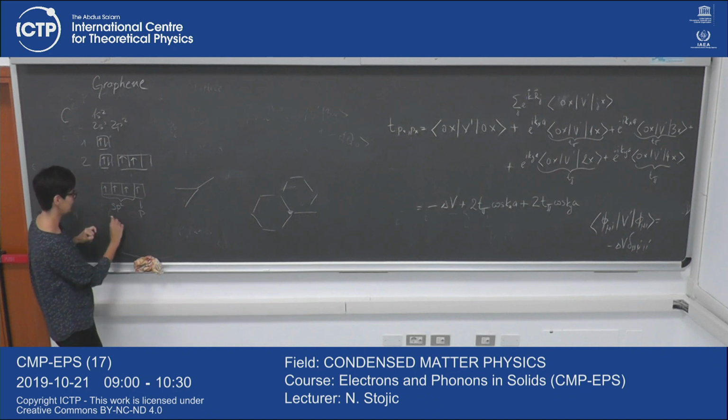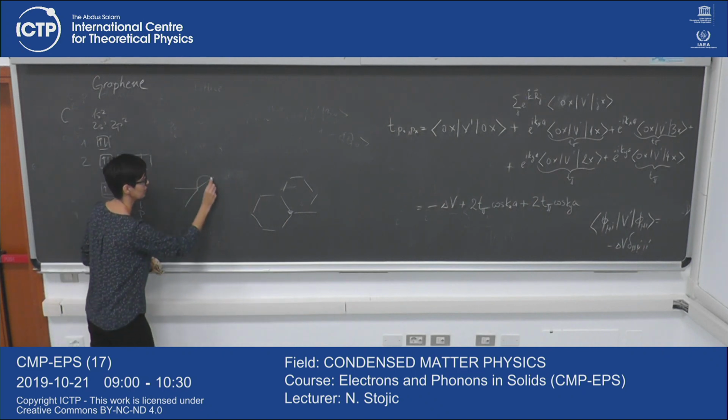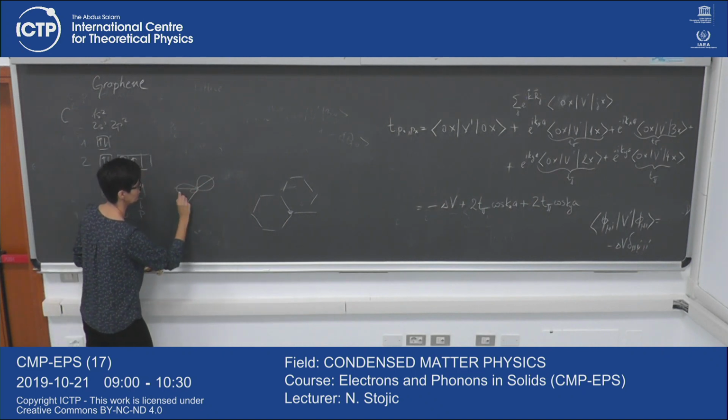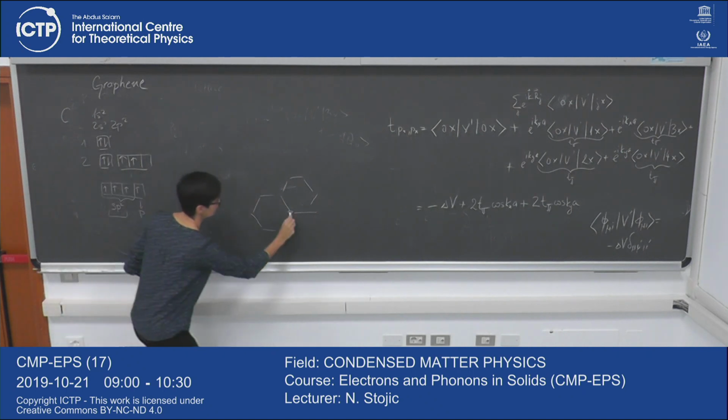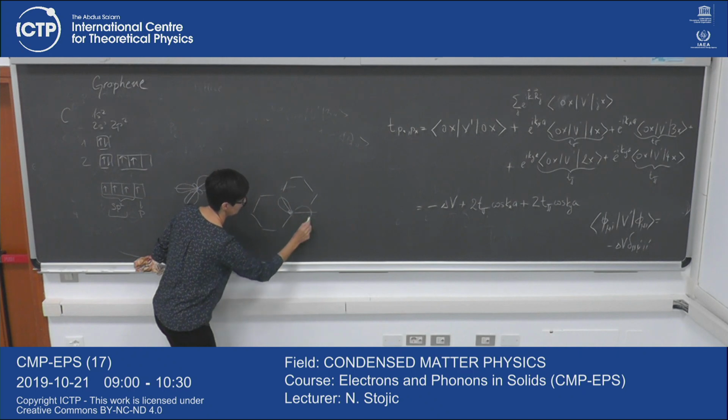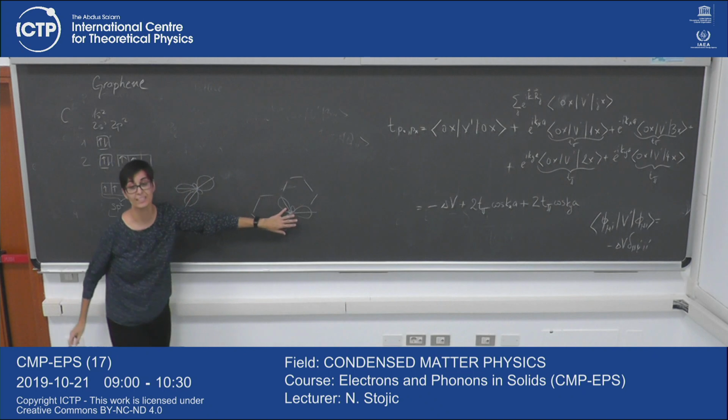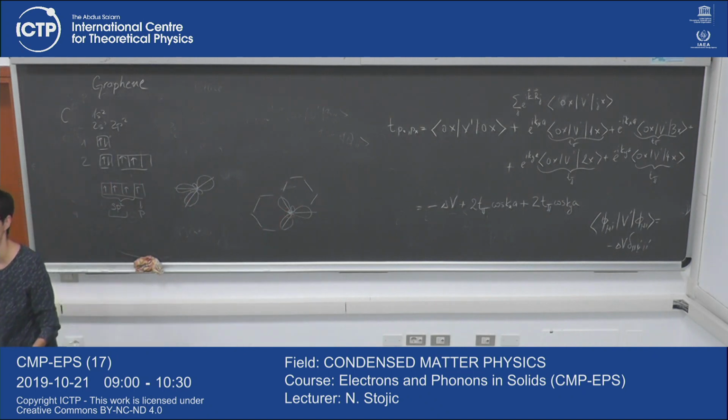And they create these 3 bonds, which are extremely deep and extremely strong. This is what gives the fantastic hardness of graphene, the sp2 bond.